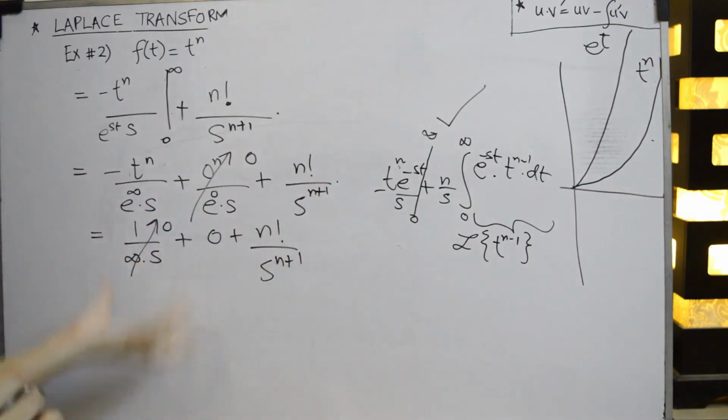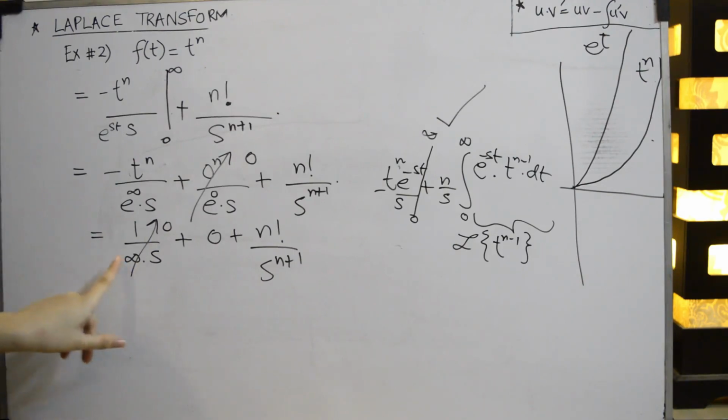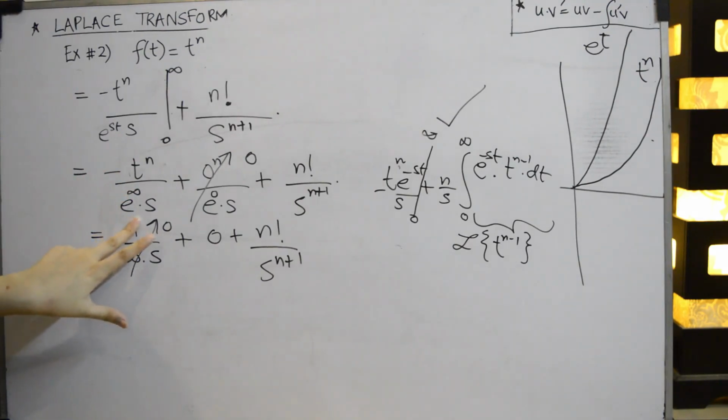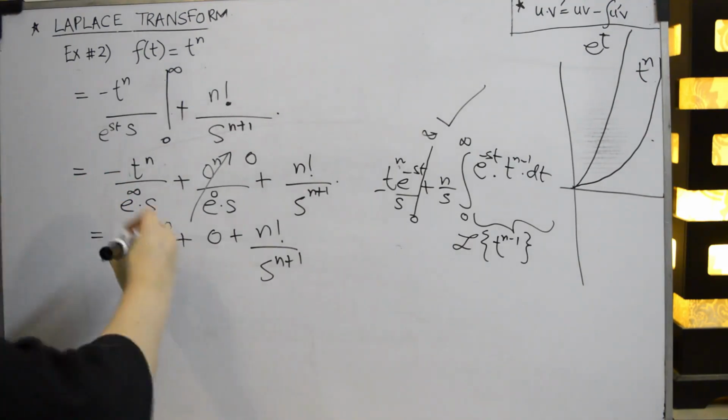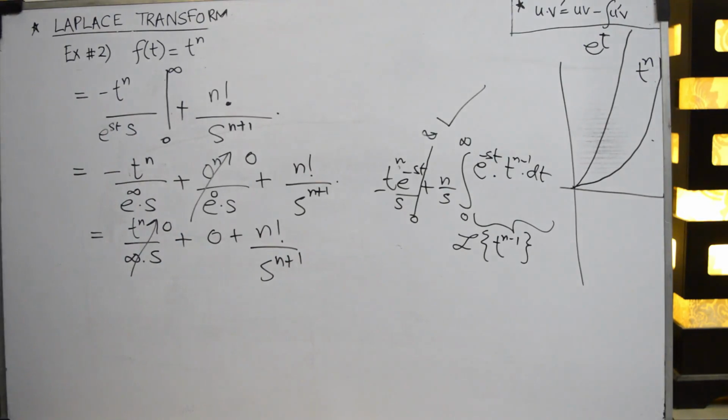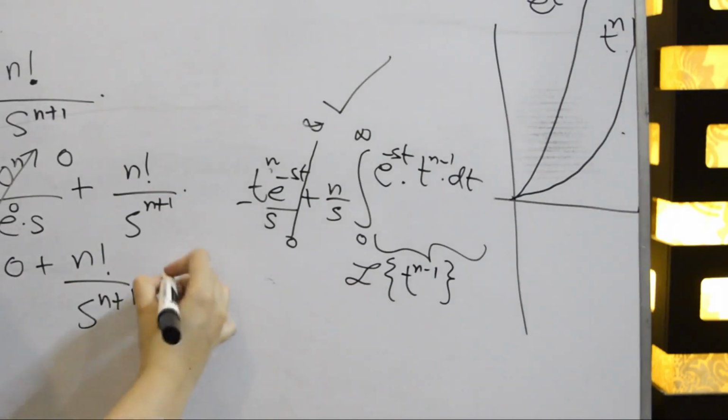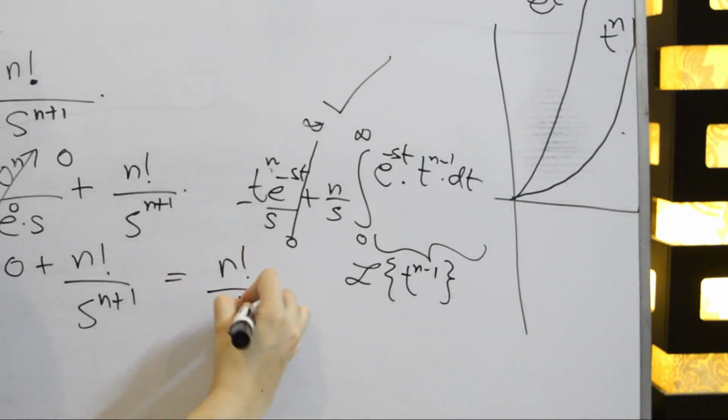This is a very important point, using the dominant term technique. e to the power t is the dominant term, so e to the power infinity is infinity, and that remains the same. The t to the power n does not have any effect on the whole term, but e to the power t has the major effect.